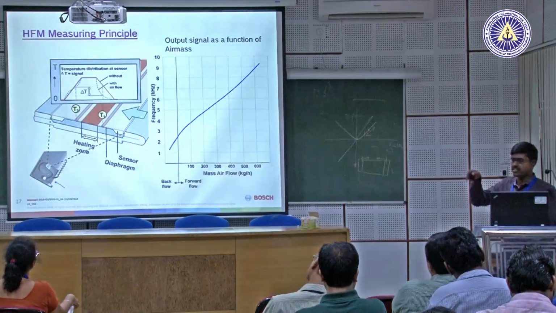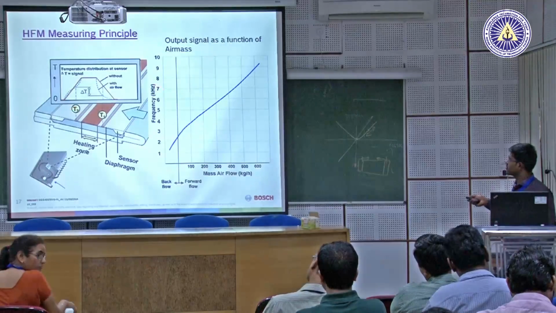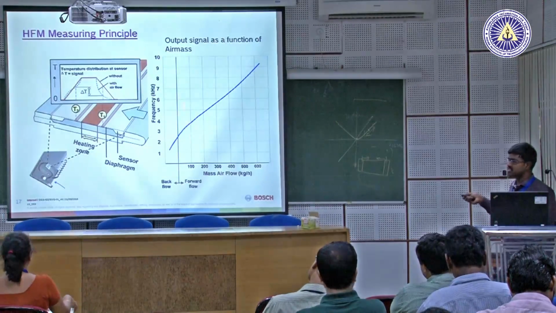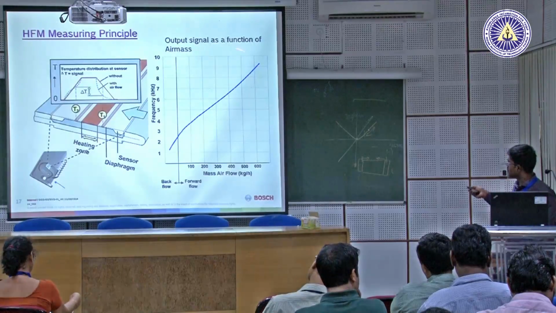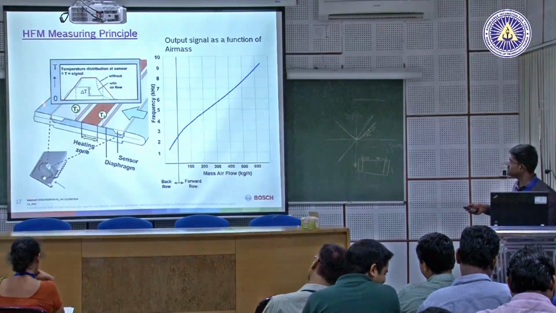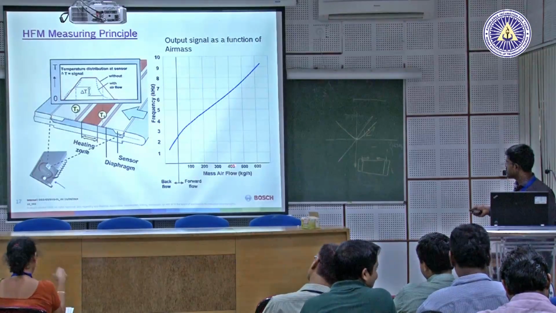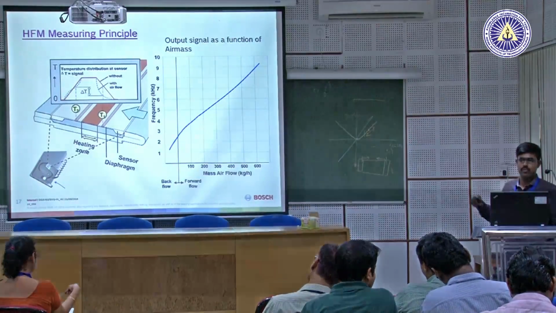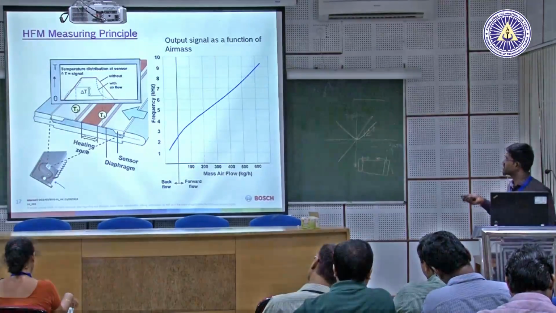That is calculated into frequency. You know 1 by T is equal to frequency. Then that is given as a frequency signal, and this is already calibrated and is in the ECU. So, when you give a frequency signal from your air mass sensor, it directly gives, at this frequency, the incoming mass airflow, which is the output of this sensor.